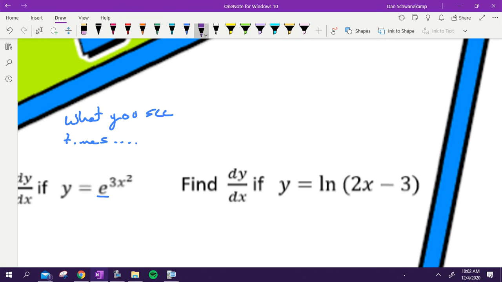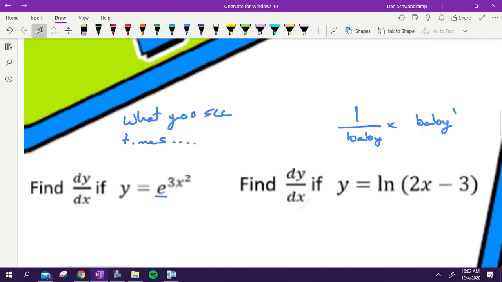What about the derivative of natural log? What is the derivative of natural log? 1 over the baby times the derivative of the baby. Baby prime? That's weird. Yeah, but I'm going to write it anyways.